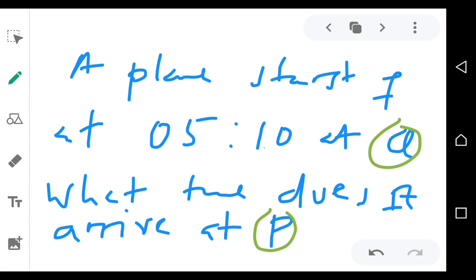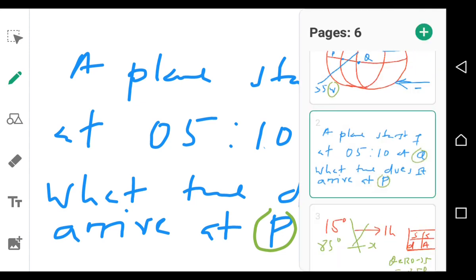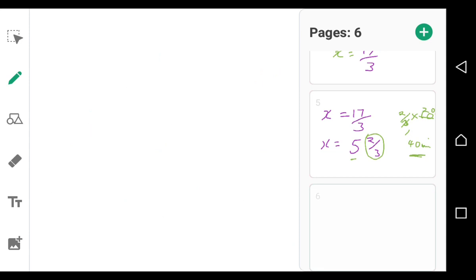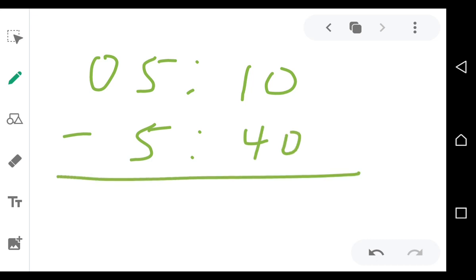I have to take the time 0510 and subtract 5 hours, 40 minutes. That's what I'm subtracting.